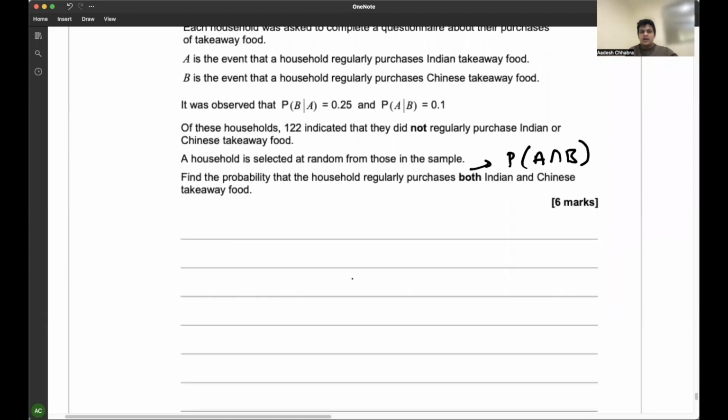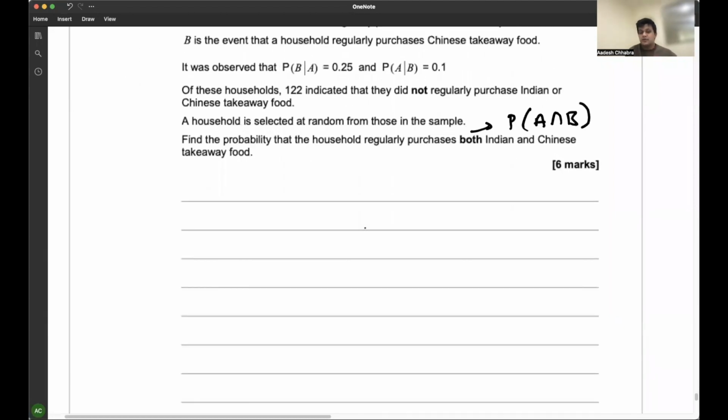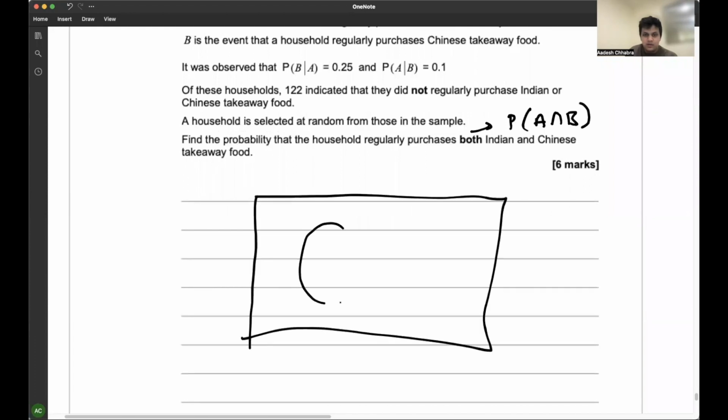So let's go ahead and use this information to possibly produce a Venn diagram to help us. So if I go ahead and produce a Venn diagram here, with this being A, this being B, I can go ahead and use the fact that B given A is equal to 0.25.